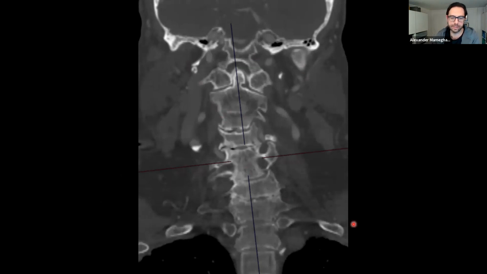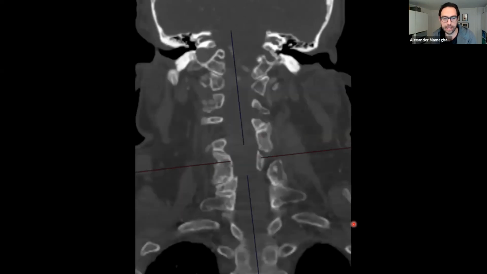You can see C5-6 is fused too, C4 is a solitary vertebra, and counting is, as you said, Nader, hard. You posted something about embryonic in utero segmentation several weeks ago, how important it is to know the embryology of the spine. And this is the coronal slide.